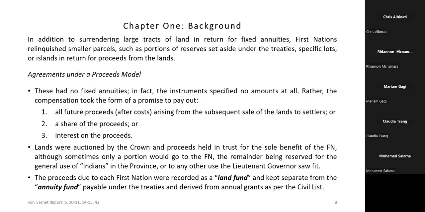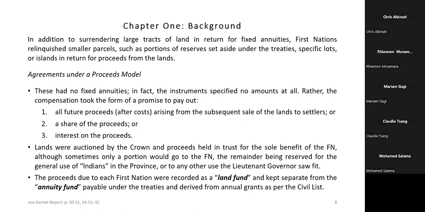It's not really the underlying title that's being sold. I don't want to use lawyer speak, but it's kind of a usufructuary right. There's some debate, I hear, about what the actual legal status of reserve lands was, but whatever it was, that was being sold to the Crown.